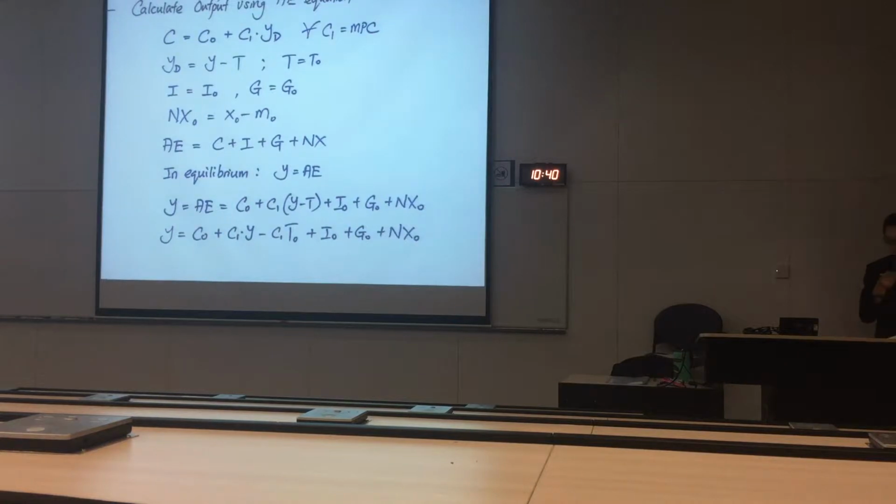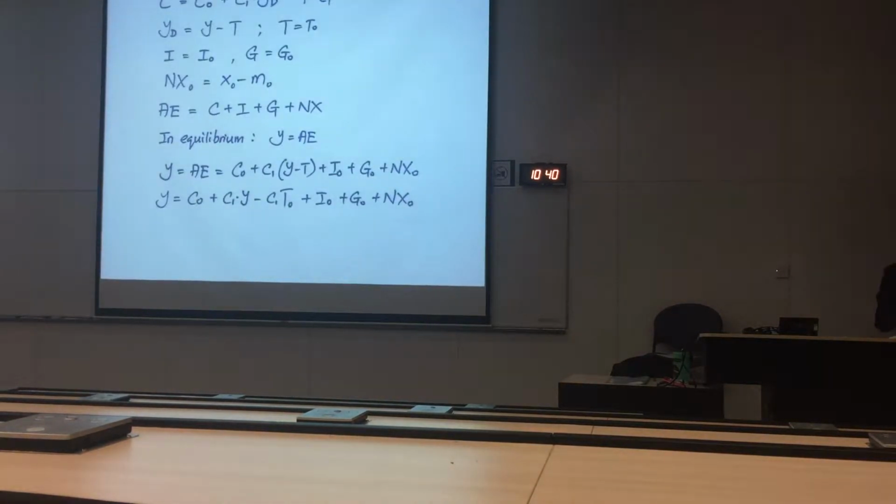Okay, just remember anything with a subscript of 0 is considered autonomous. So once you have this, the only one that has got Y inside it has to be moved over to the left hand side. The rest you can just leave them there.